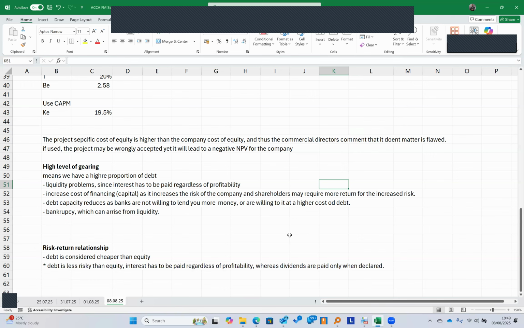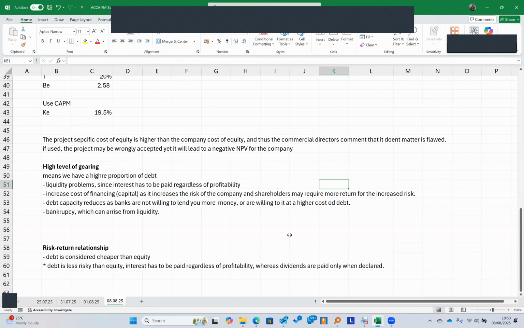The other thing about why debt is cheaper is that interest payments are deductible for tax purposes, which means that the cost of debt is actually less than what the debt holders are taking as interest, because you reduce it by 30%, by 20%, the tax element.